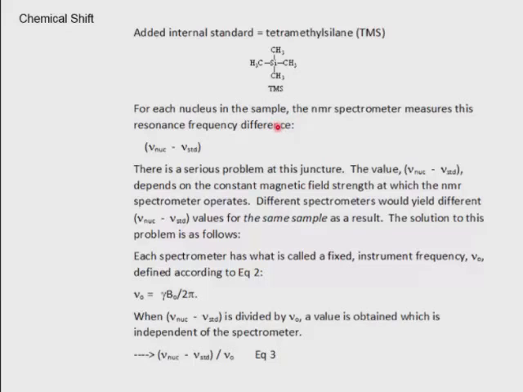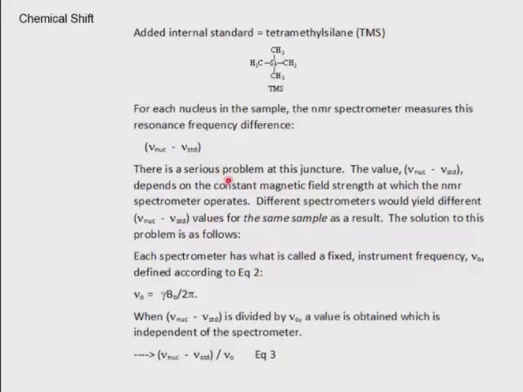This compound has been chosen as a reference standard in NMR because the resonance frequencies of its nuclei are lower than the resonance frequencies of the nuclei in the atoms of organic compounds. For each nucleus in the sample, the NMR spectrometer measures the resonance frequency difference given by this expression, nu nucleus minus nu standard.